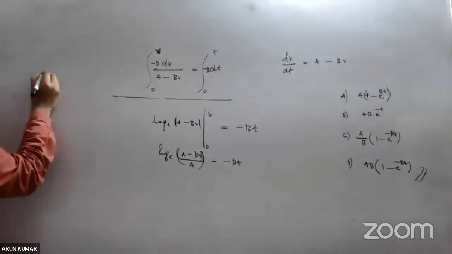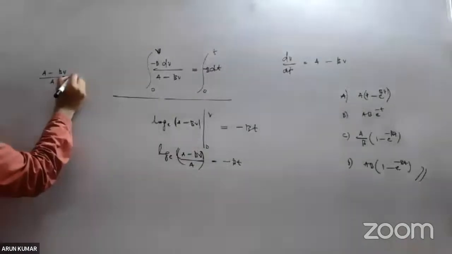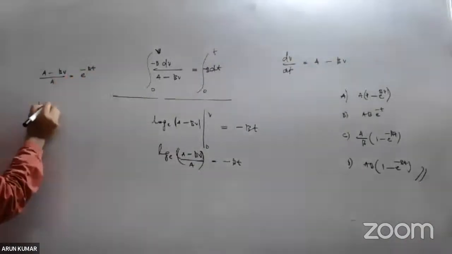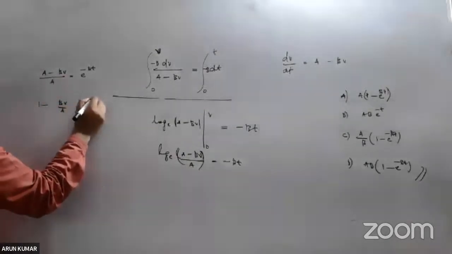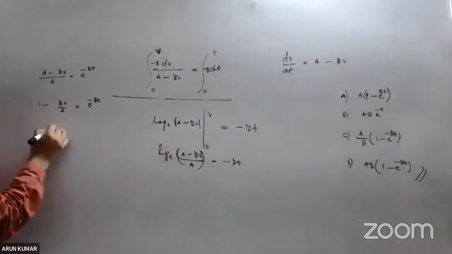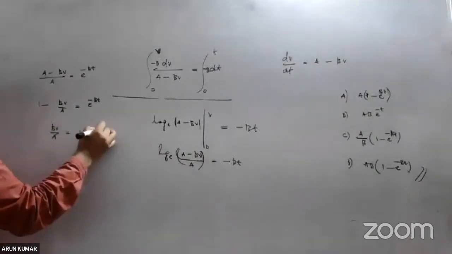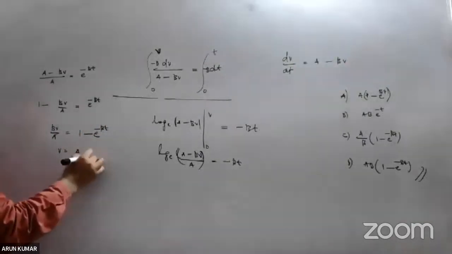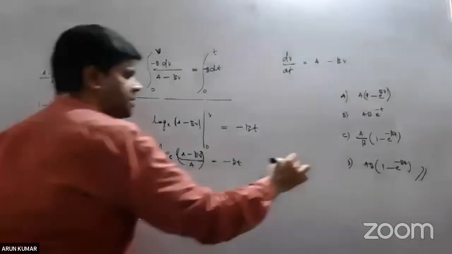Then I'll have a minus bv by a is equal to e power minus bt. So 1 minus bv by a is equal to e power minus bt. So bv by a is equal to 1 minus e power minus bt. So v is equal to a by b into 1 minus e power minus bt. Option C.